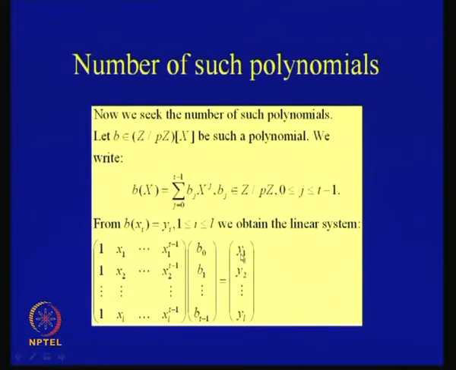If you consider the first one, you take b(x_1) equal to y_1, that is 1 into b_0 plus b_1 x_1 plus so on till b_{t-1} x_1 to the power of t minus 1, equal to y_1. So all these L equations are written in the form of a matrix. Is this matrix notation clear?